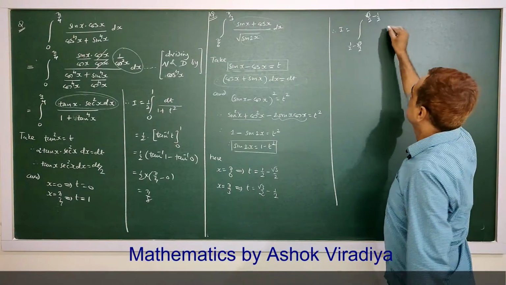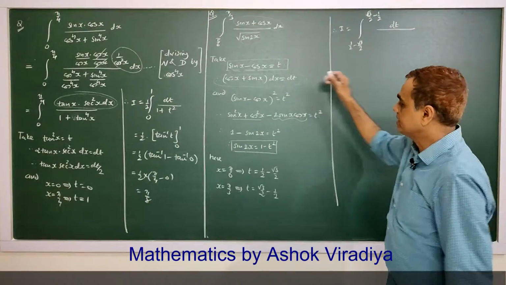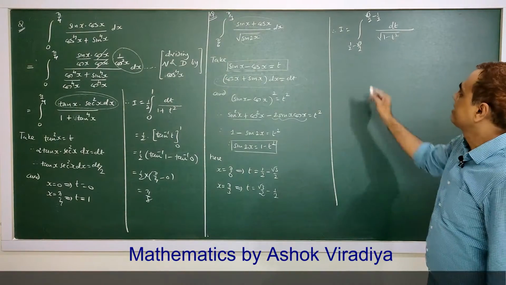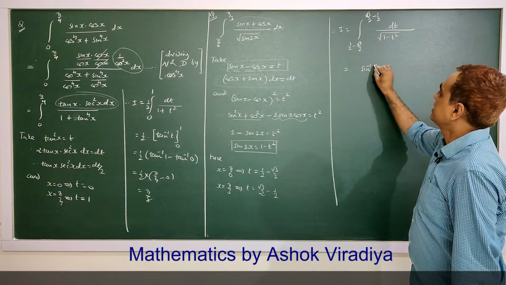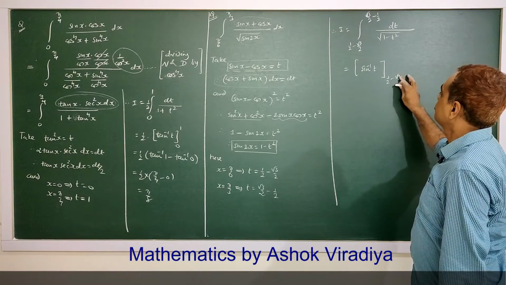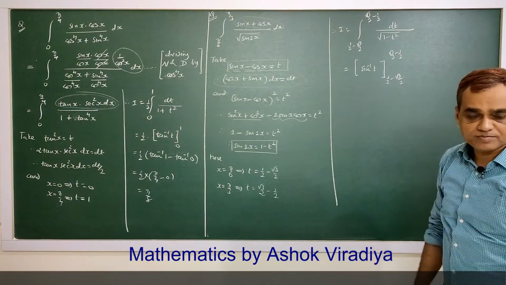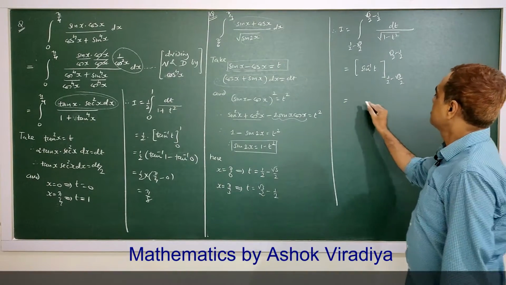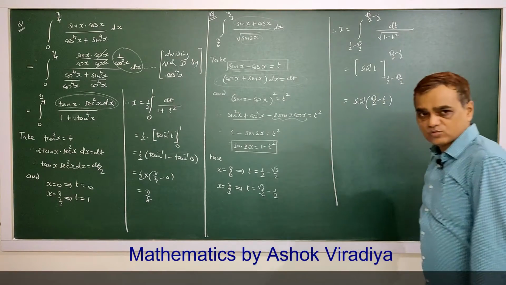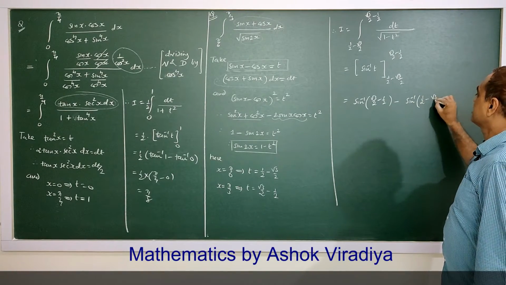The numerator is dt upon sin 2x, which is 1 minus t square, and we know its integral is sin inverse t. The lower limit is 1 by 2 minus root 3 by 2, the upper limit is root 3 by 2 minus 1 by 2. So putting the values, sin inverse of root 3 by 2 minus 1 by 2 minus sin inverse of 1 by 2 minus root 3 by 2.